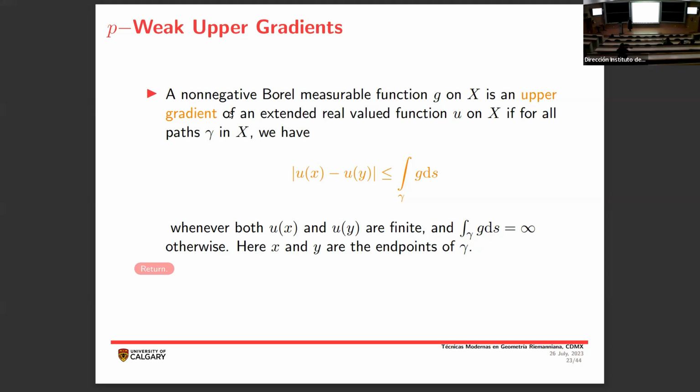So we don't have uniqueness. But in order to counteract this drawback, we are going to work instead with what is called the minimal p-weak upper gradient, minimality in the sense of the L^p norm. And so now every time I say upper gradient, I'm going to actually refer to the minimal p-weak upper gradient, which is unique.